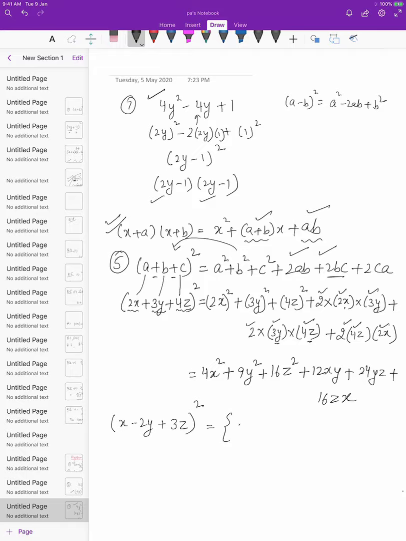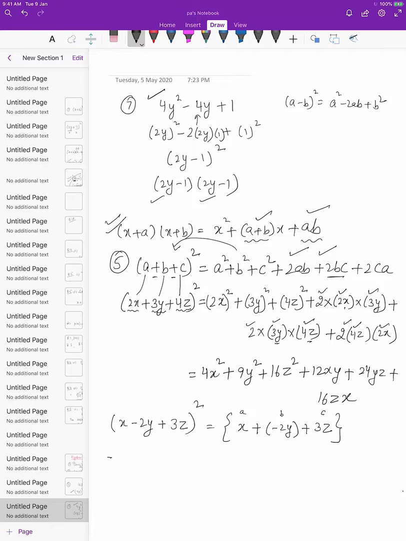I will say it is x plus, I need all plus signs in between a, b and c. So what will I do? I will take minus 2y in the bracket plus 3z. Okay. So this is your a, this is your b, and this is your c. A will be x, b will be minus 2y, c will be 3z.